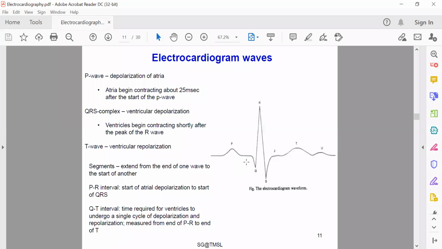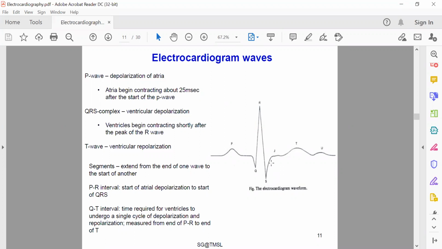The P wave represents the depolarization of the atrial musculature. The QRS complex is the combined result of the repolarization of the atria and the depolarization of the ventricles, which occur almost simultaneously.